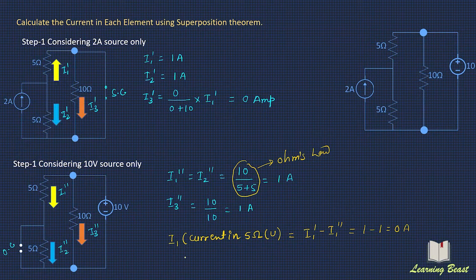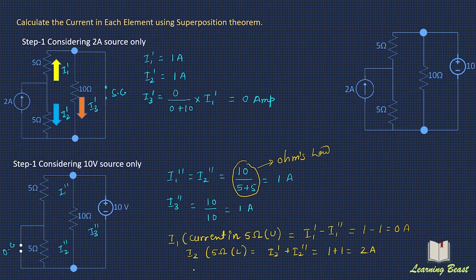Similarly, the current I2 in the lower 5 ohm resistor is equal to I2 dash plus I2 double dash, because both are in the same direction, equal to 1 plus 1, which is 2 ampere.